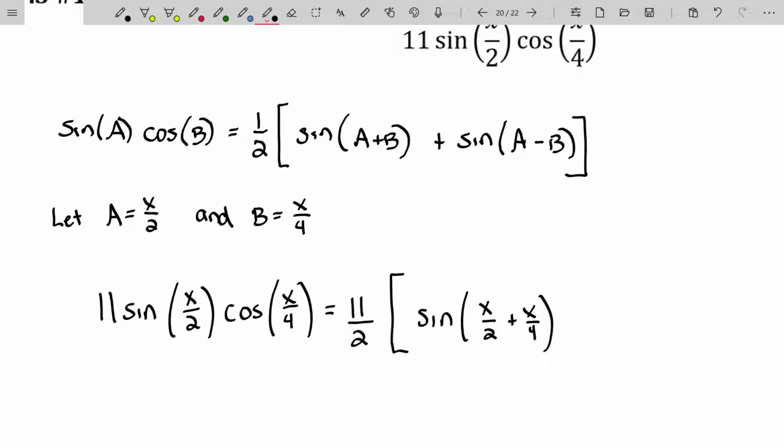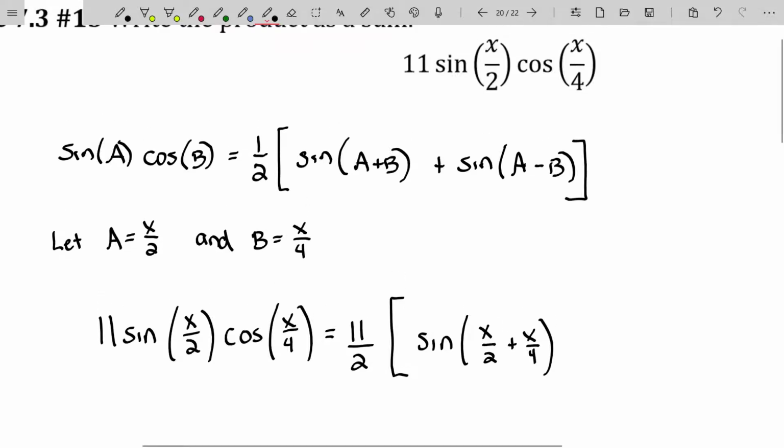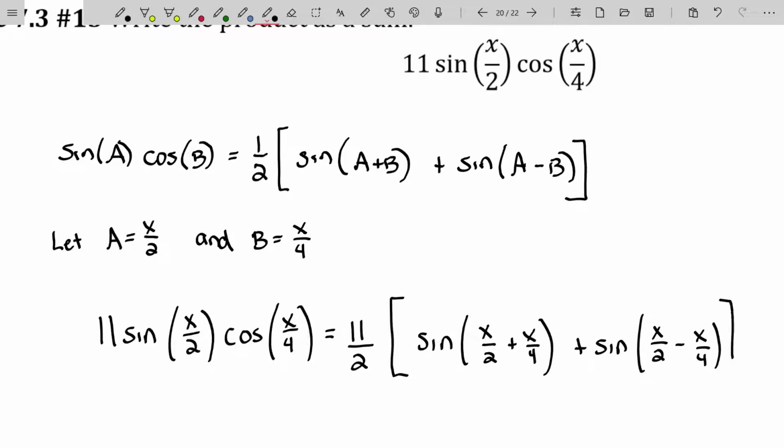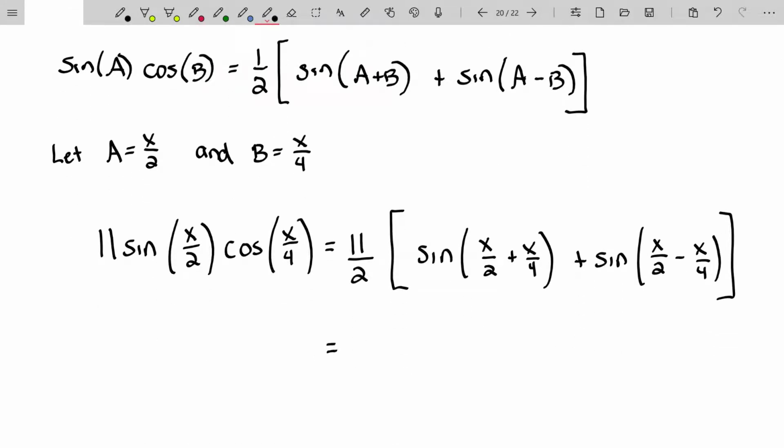Sorry. So it's x over 2 plus x over 4, the sum of the angles, plus the sine of the difference of the angles, x over 2 minus x over 4. You're going to use a lot of the even odd identities when you're simplifying this stuff. So you get 11 halves times the quantity.